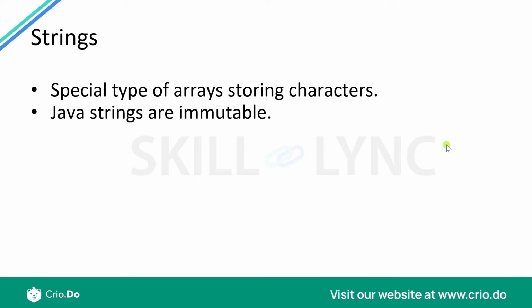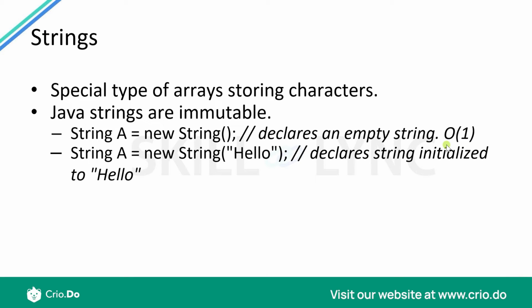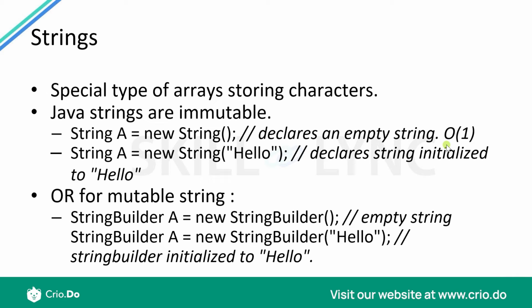If you do not want a lot of processing just for some changes, then you can go ahead with other classes. As for string, we saw how we can just create a string, and that would not take a lot of time. We can create a string with an initialized value, or if we want a mutable string, then we can use the StringBuilder class.